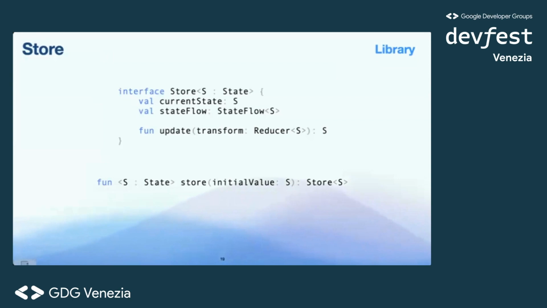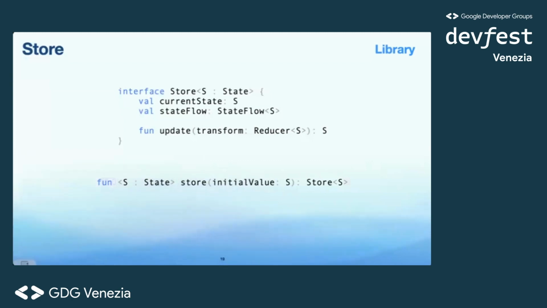So the store holds the state. And here in the function update, we pass the reducer function so that the store can create the new updated state. Lower, we see the function store, which is the public function that we're going to use in our model to actually store the state.